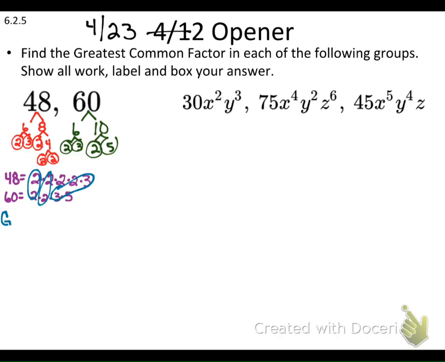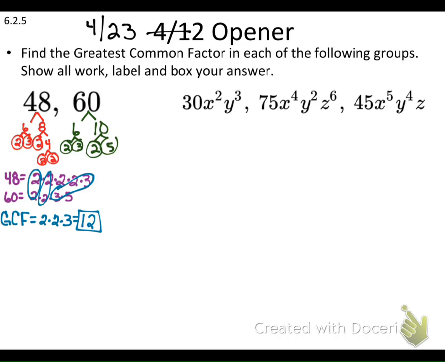I put the greatest common factor equals 2 times 2 times 3. So 2 times 2 times 3 equals 12. So the greatest common factor for these two terms was 12. So that one's just starting off pretty basic, right?